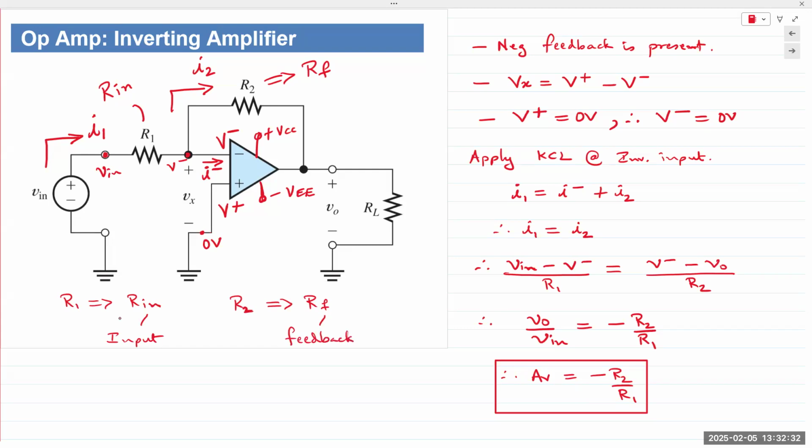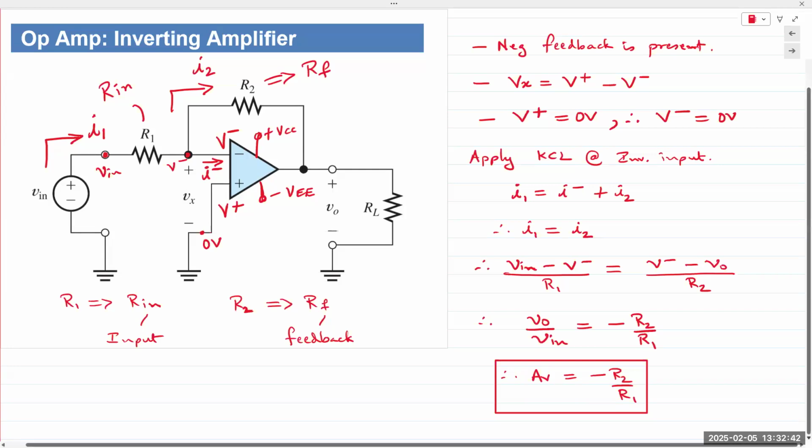So it would be minus RF over Rin or minus RF over RI, the exact same thing. The minus sign, of course, indicates that it's 180 degrees out of phase, so it's inverted.